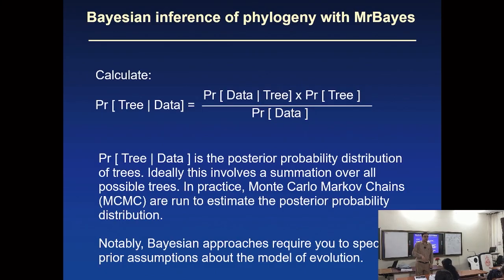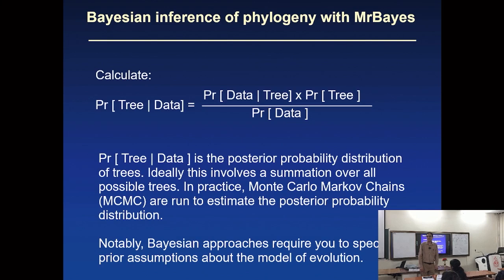Once you have computed, and there are methods for computing posterior probabilities, you might have heard about MCMC. Have you heard? No? Markov chain Monte Carlo. There are methods actually. You might not have done it, but if you happen to, you will.